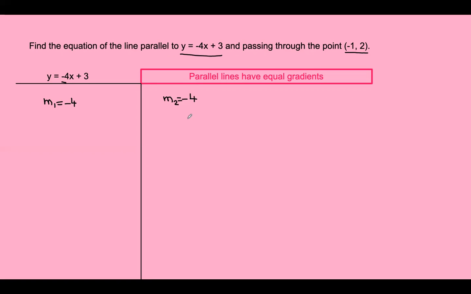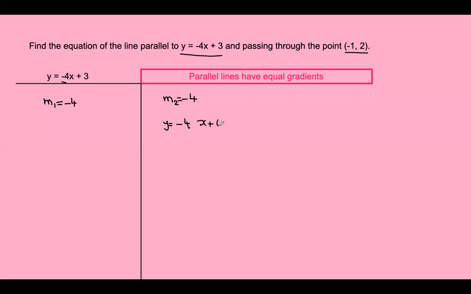Right. Now, we can write the equation of the second line, substituting the m2. So the equation of the second line is going to be y equals minus 4x plus c.